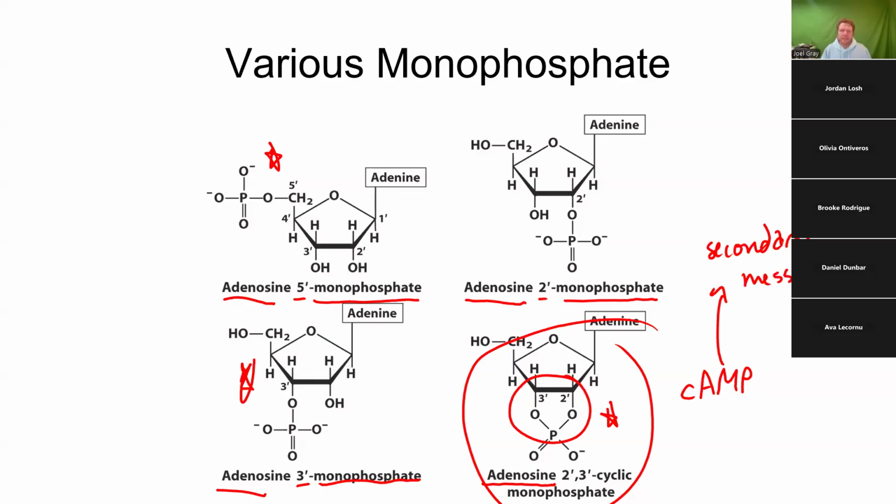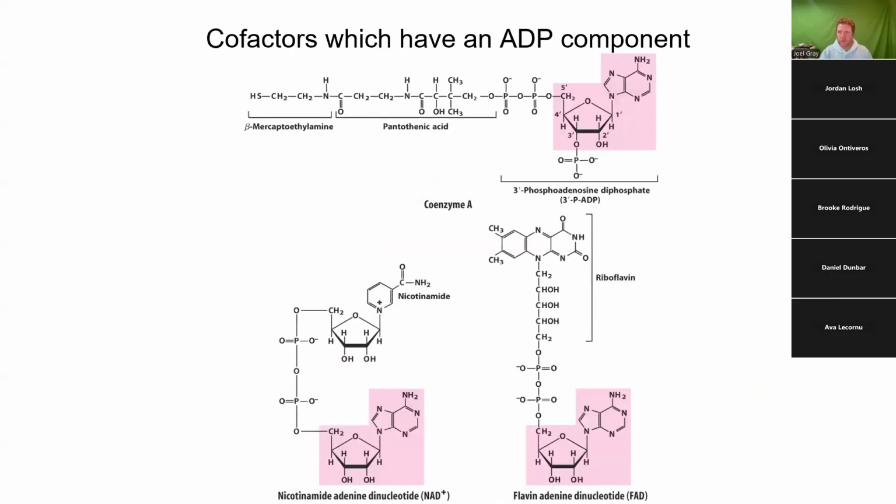What that means is that if a cell perceives some sort of hormone or stimuli, cyclic AMP is going to be produced to sort of amplify that signal. The way that your body responds to caffeine or insulin is going to lead to the production of cyclic AMP. I'm just showing you this as more or less an illustration of these different monophosphates.